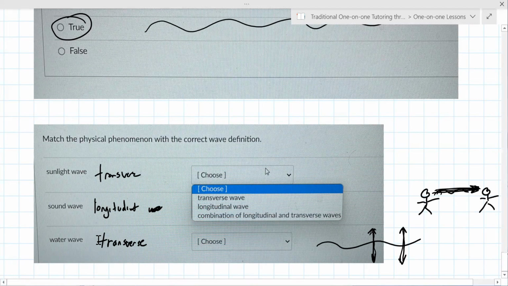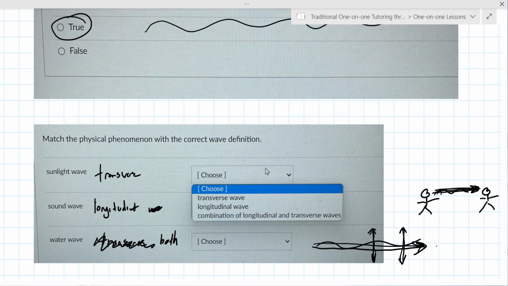I'm bothered because usually there's one of each. So is water also considered longitudinal because it does move in that direction as well? I think it is. So I think water is actually both because of that. This is again my best guess on that. Okay, that might be everything.